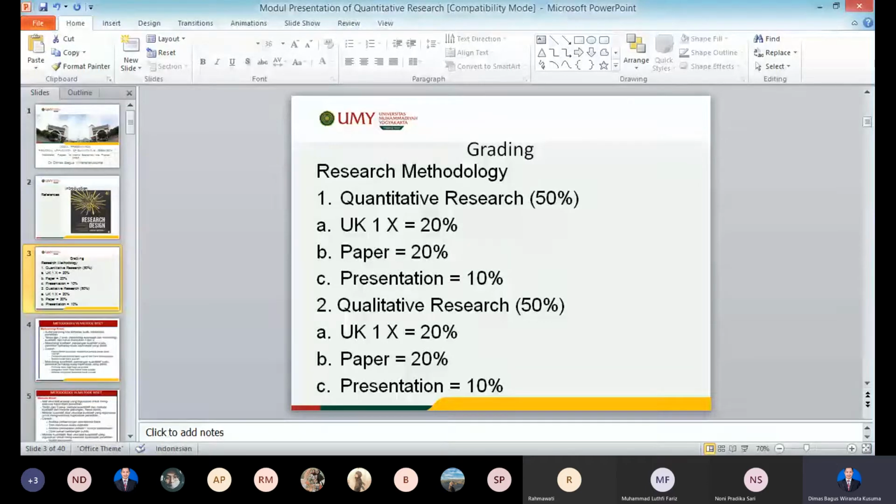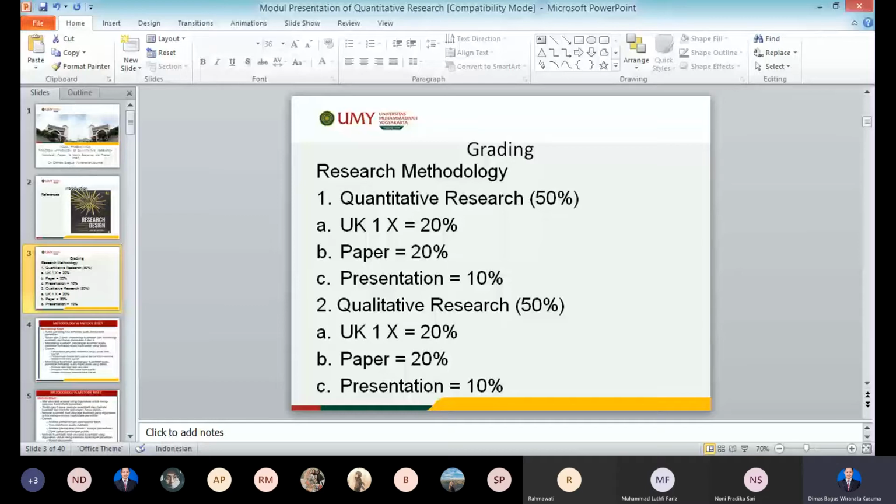The second one is the paper writing. You are supposed to write a paper about quantitative research. It has a weight of around 20%. And the last one is presentations, about 10%. And those will be done individually, not in groups.